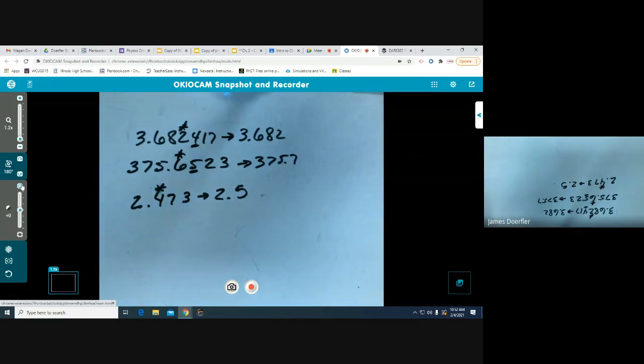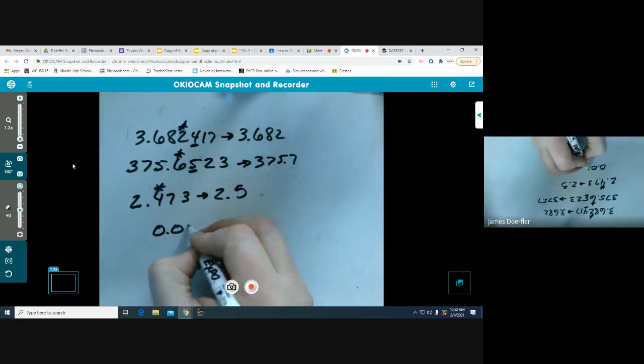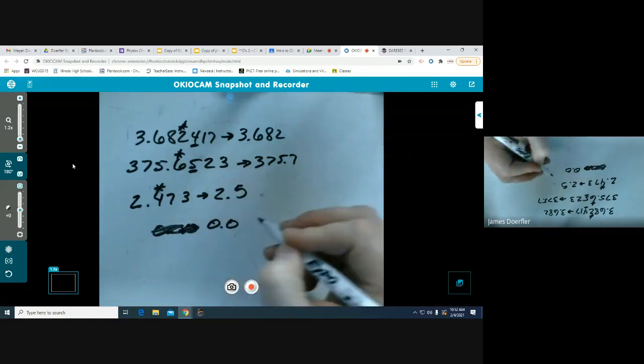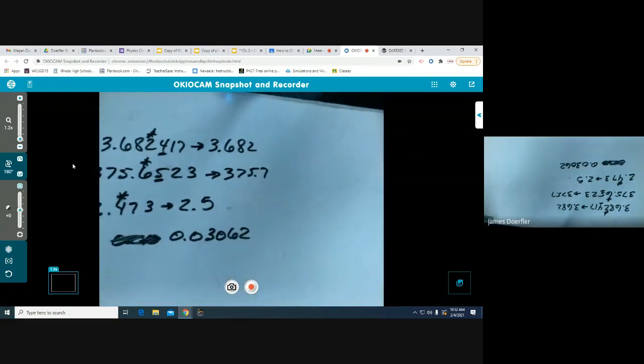One more, then we'll call it good. Go to the next one, 2 decimal places. 0.03062. So first of all, when we say 2 decimal places, basically we're talking about the hundredths.